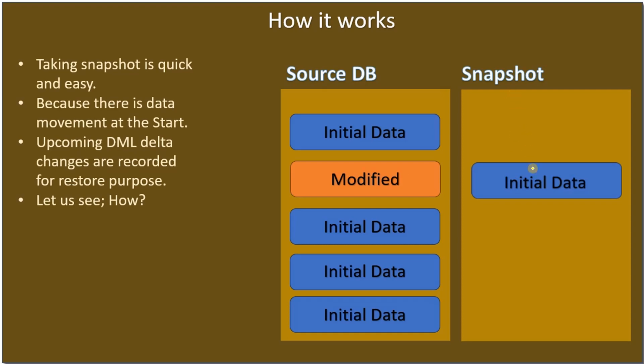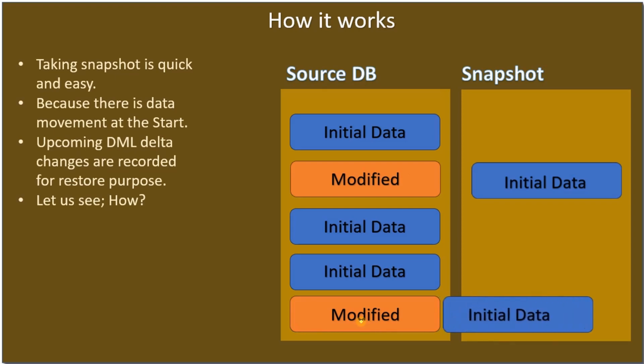So now if you see, the snapshot has the original version of the data, right? Here it is modified and here it is original. Let's state that in one more table, let's say deletion. So the table is modified because some records are removed. So it moves the initial data to the snapshot and then performs the delete operation.